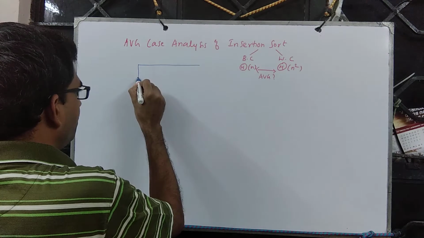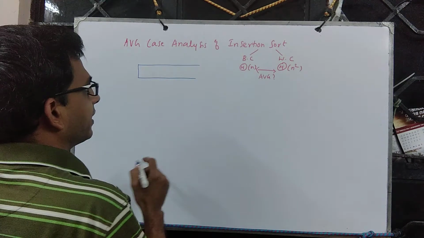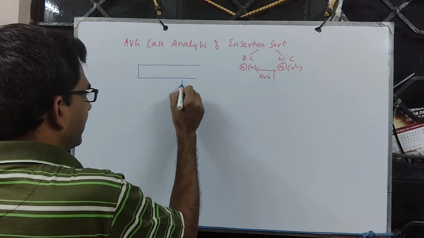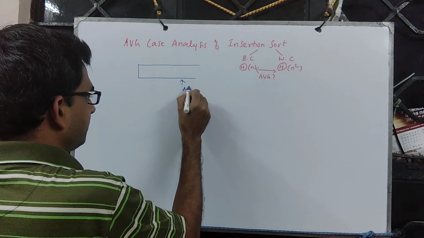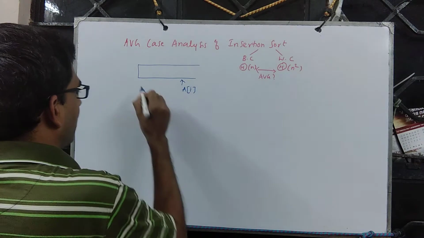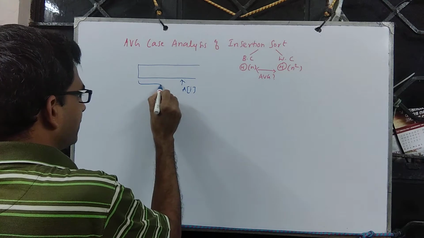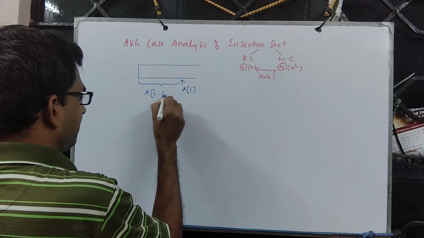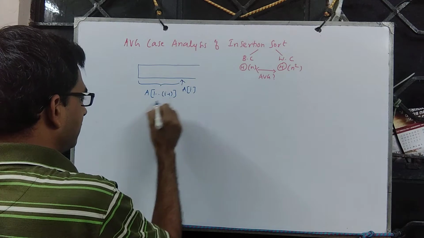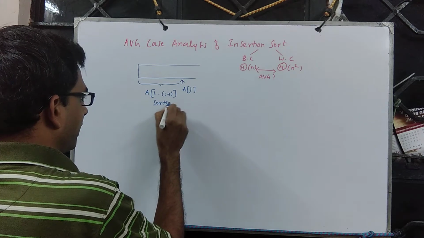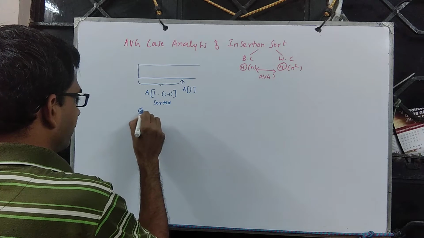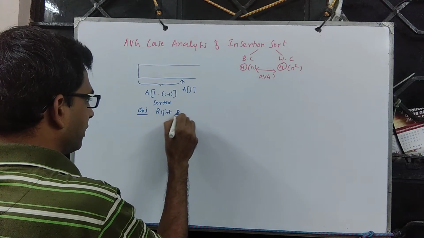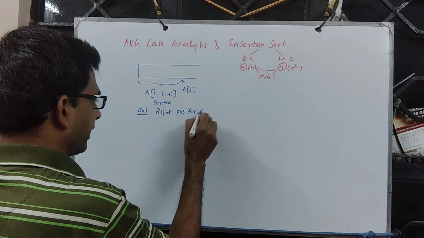If you look at the loop invariant maintained by insertion sort, at the ith iteration, the first i minus 1 elements are sorted, and the objective is to find the right position for A of i.